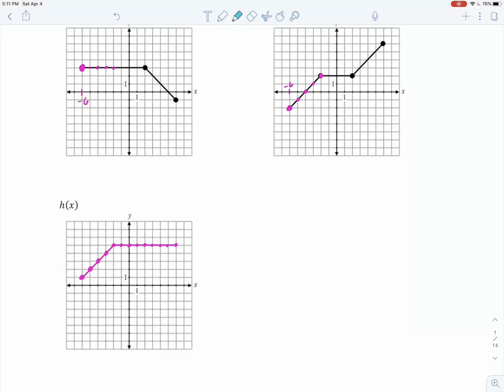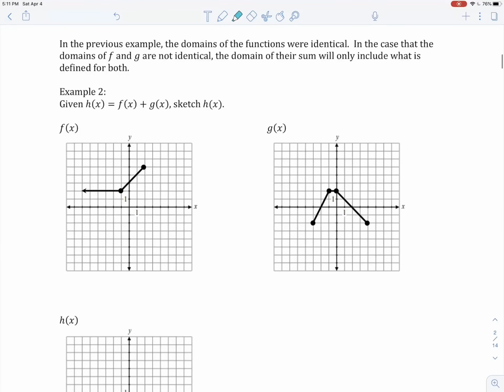It could be the case that the domains don't match. Over here, we see that one function is restricted. This one's restricted between -3 and 4. But this other one goes on forever in this direction.